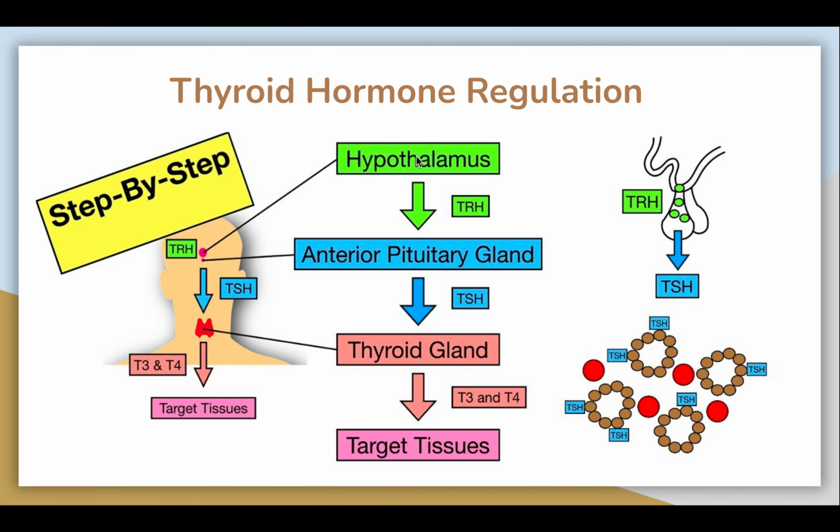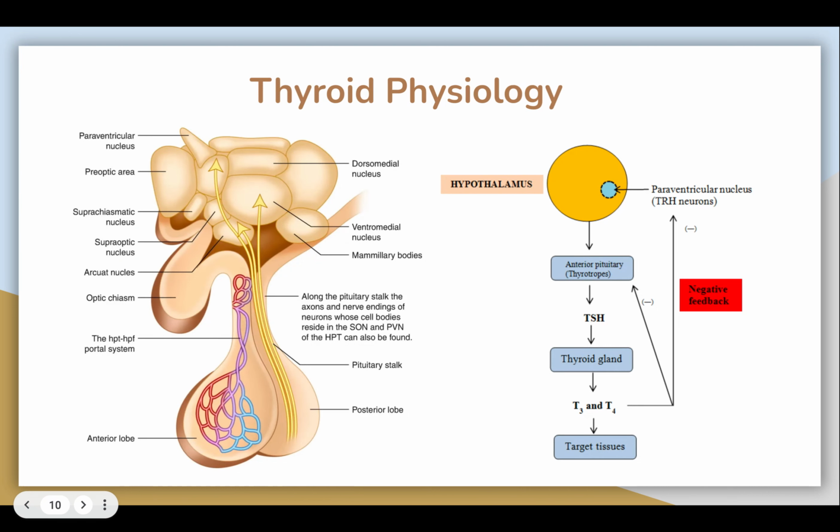Okay, so from the hypothalamus, TRH, to the anterior pituitary gland or the anterior hypophysis, TSH is being produced there, and into the thyroid gland where you have T3 and T4 production towards all of the target tissues for the body's metabolic rate.